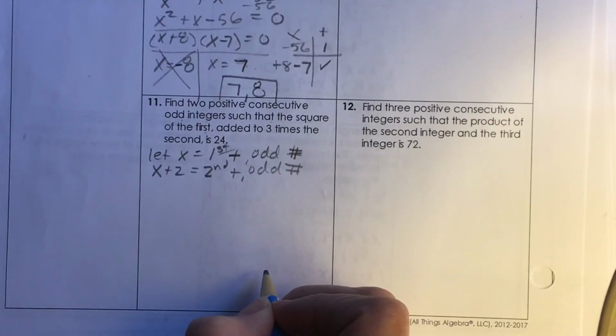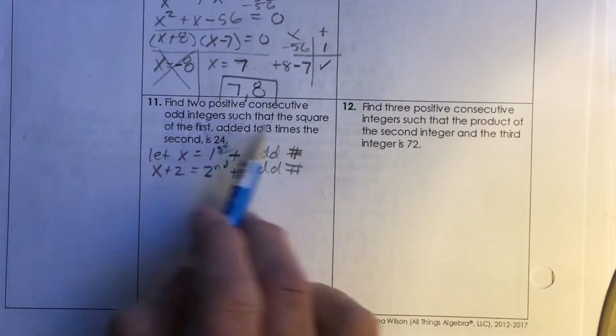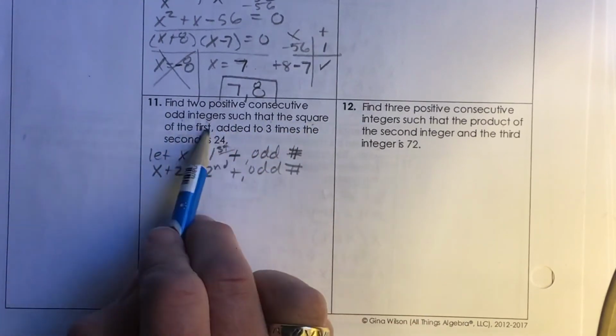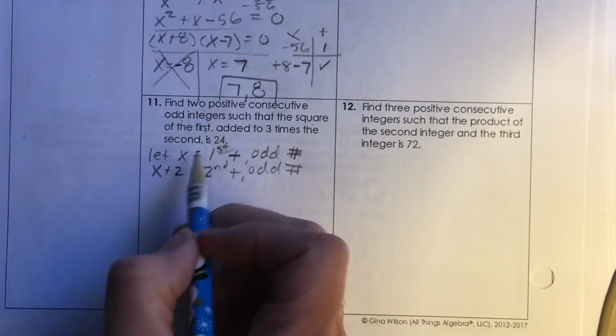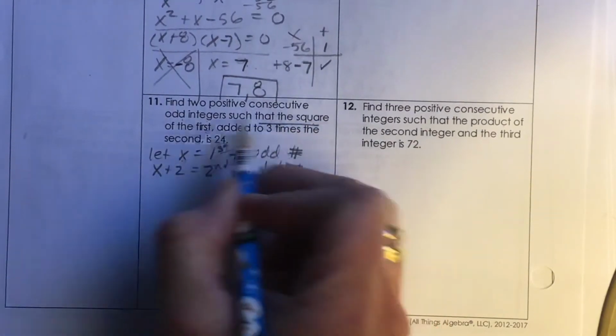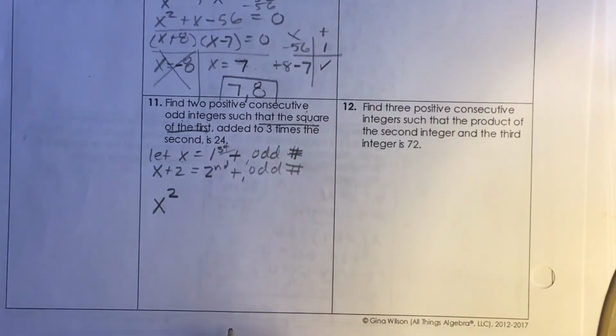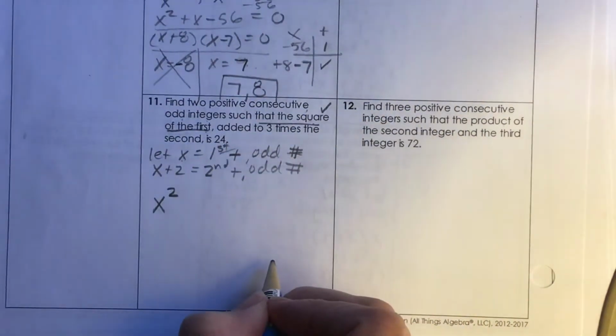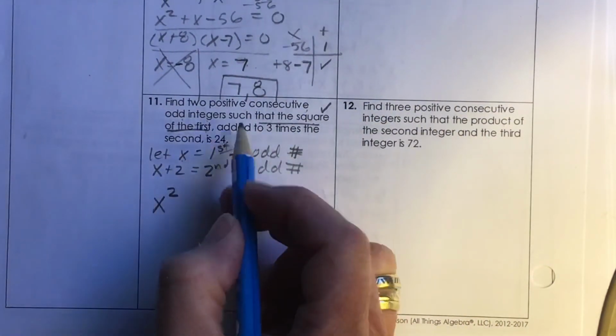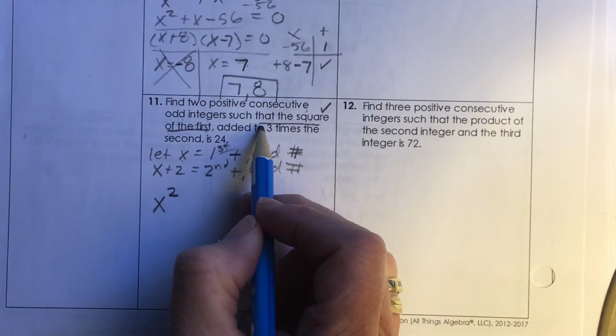So now I have to find two numbers. The square of the first, well, let's take this apart. The square of the first, I can represent as x squared. So I just took care of that. Added to, so I know I'm going to need a positive sum.